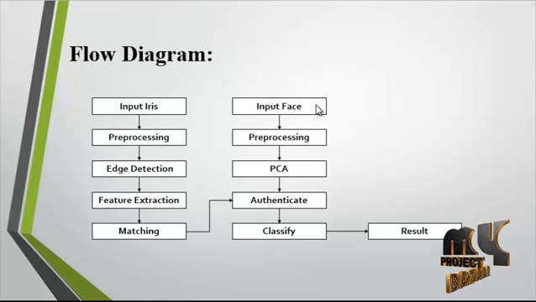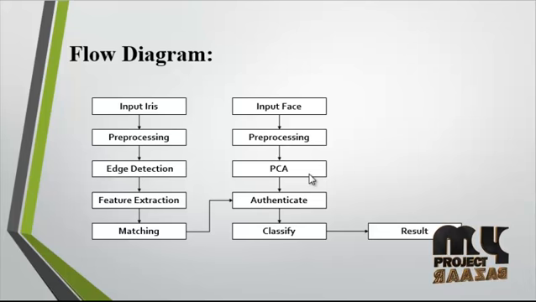Then simultaneously we get an input image of face data which is taken from the dataset. The face image undergoes pre-processing, where we also use the Gaussian filter to remove the noise from the image. The pre-processed image then undergoes PCA.